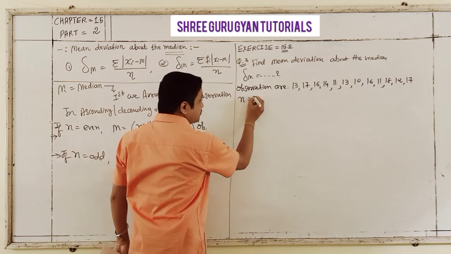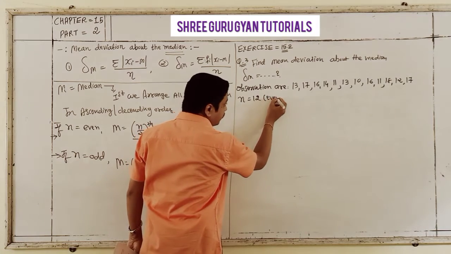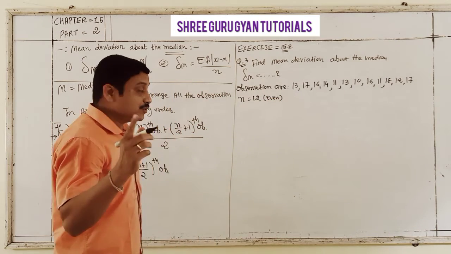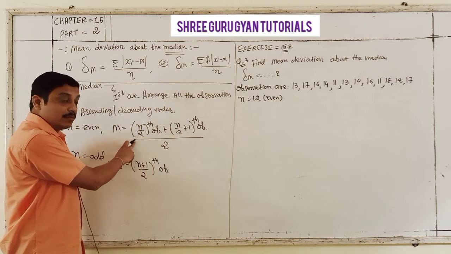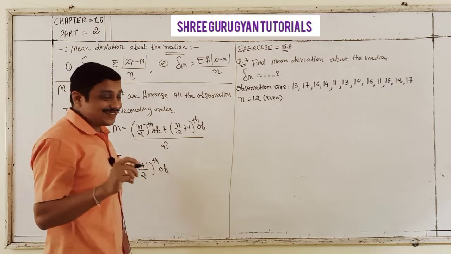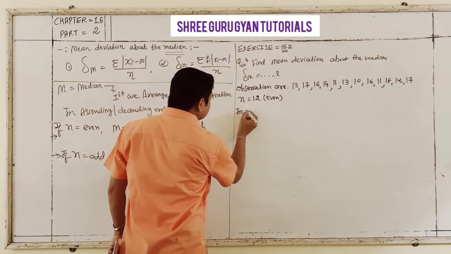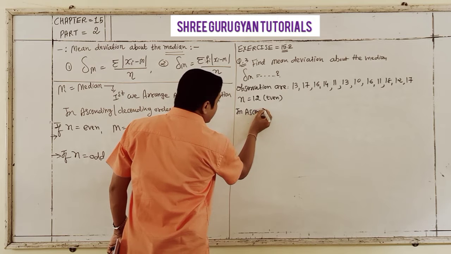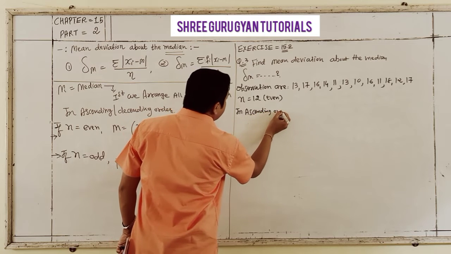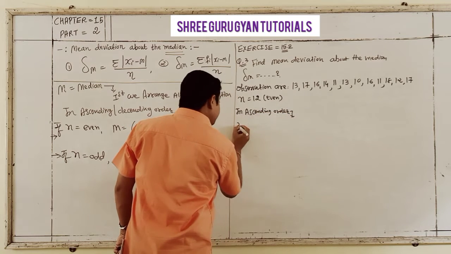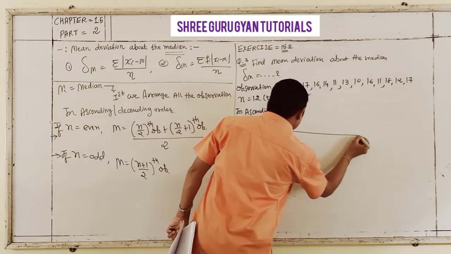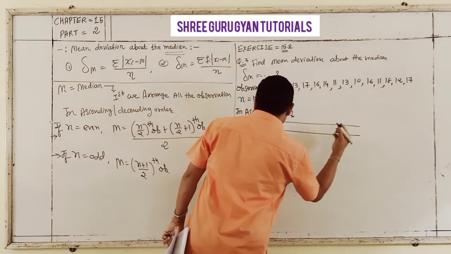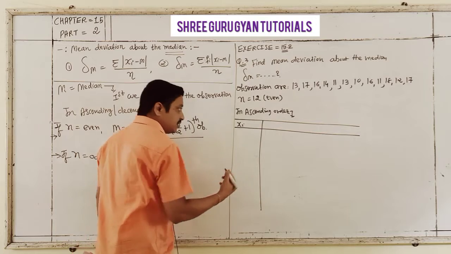Students, here n becomes 12, which is even, which means I will use this property. But before that, we arrange in ascending order. So in ascending order we will arrange xi in this way, and then after, we will start to find the median.